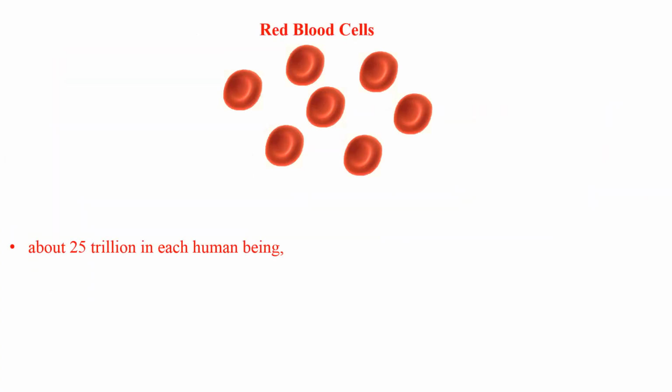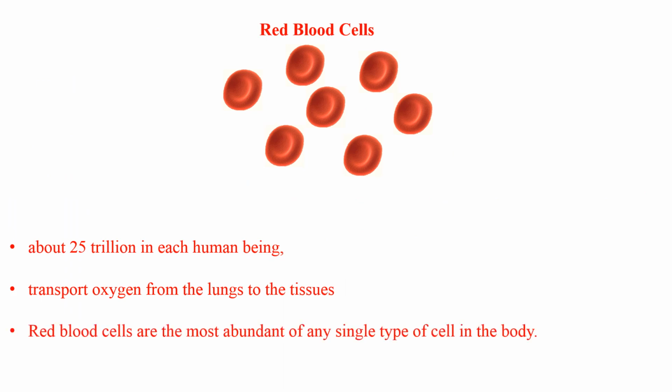For example, red blood cells, numbering about 25 trillion in human beings, transport oxygen from lungs to the tissues. Red blood cells are the most abundant of any single type of cell in the body.